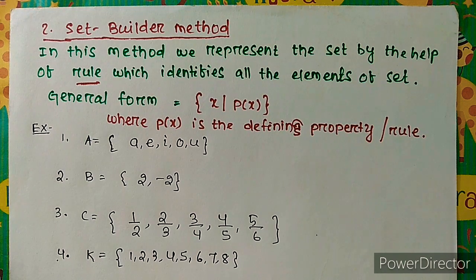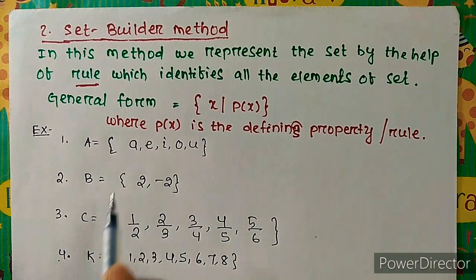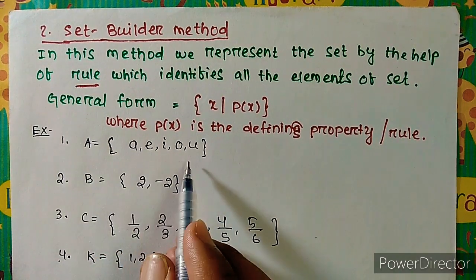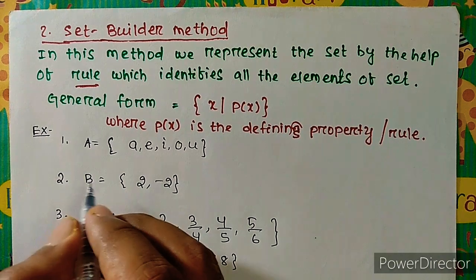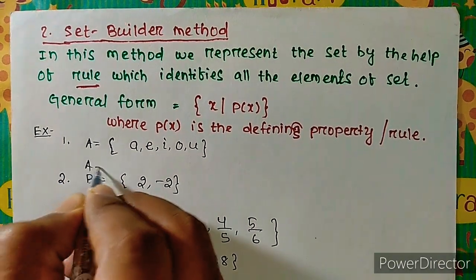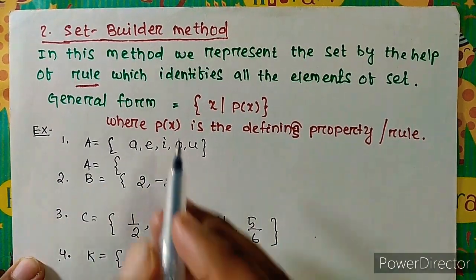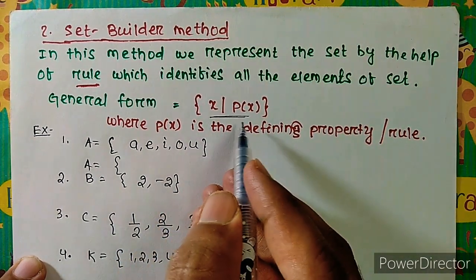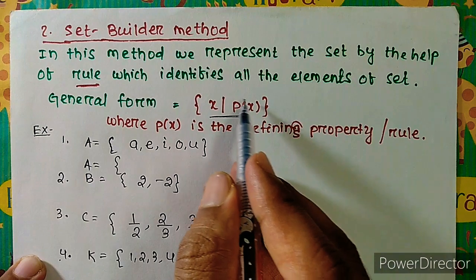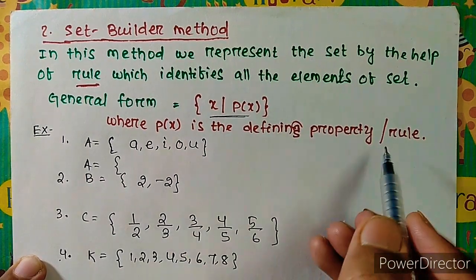So let's take example number 1. It is given that set A has the elements a, e, i, o, u. So what can we write as the rule so that it satisfies the set? If I write A is equal to, we have to follow this form: x such that P(x), and P(x) is the rule.